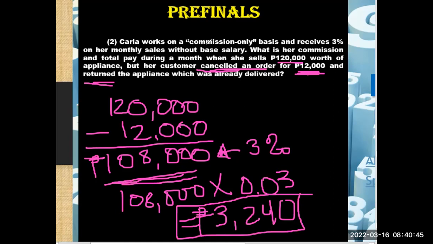Ayun. So, wala nga daw siyang base pay, wala siyang base salary. Okay, so every month, kung nakakapagbenta siya ng almost 120,000 worth of appliance or worth of products, so meron siya palaging 3,240 pesos sa buong month. Okay? We have to subtract. Subtract muna and then you multiply.